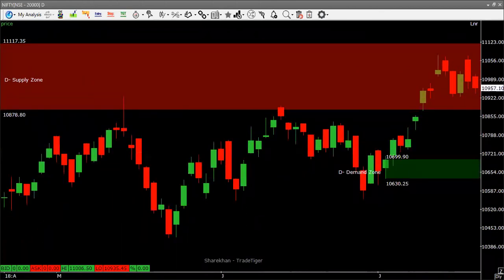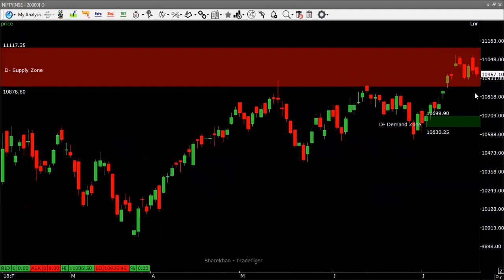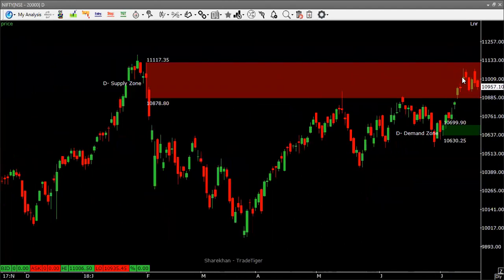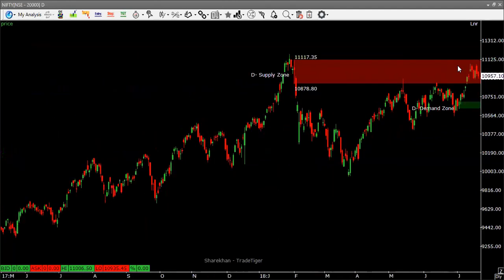Price had gone very deep into the zone, came down, again went up a little bit, and it has been fluctuating in this narrow range within the daily supply zone this entire week. This indicates a lot of sell orders getting filled, and this supply zone is getting weaker and weaker. I wouldn't be surprised if price finally goes above and violates this area of supply. So markets are showing good strength.